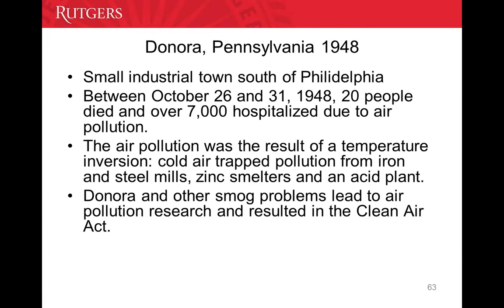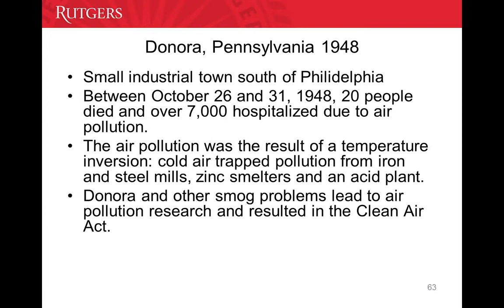There was an air inversion, in which the cold air trapped the materials that were coming off of the processing plants: zinc, acid plant, steel mills, iron mills. Because there was a temperature inversion, that air and those pollutants stayed close to the ground and affected these 7,000 people, 20 of whom died in this small town.